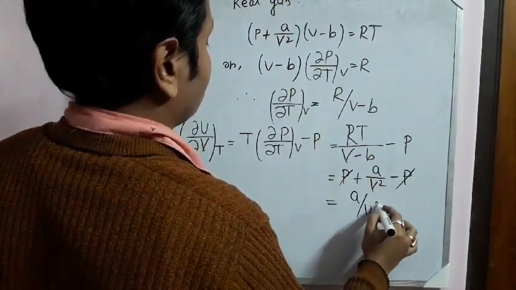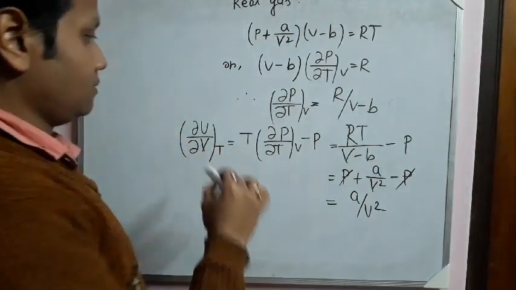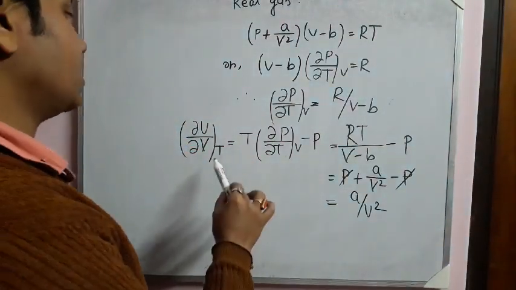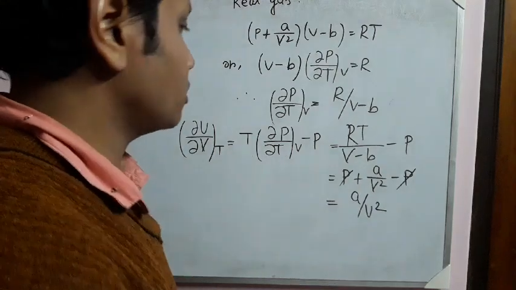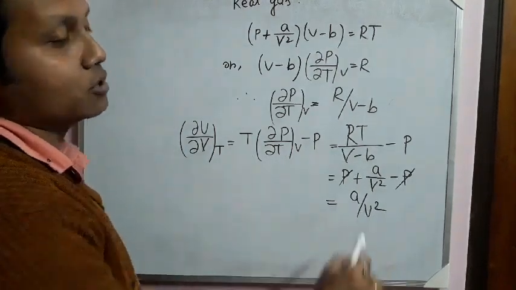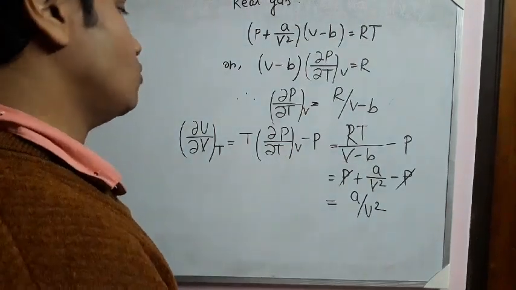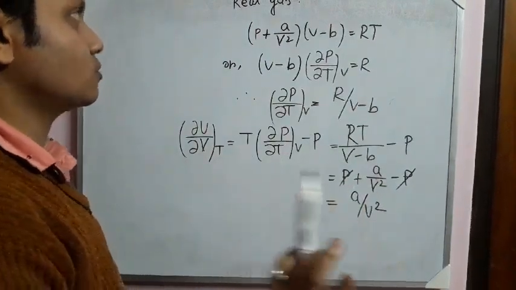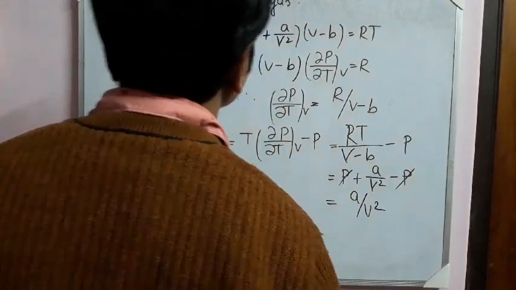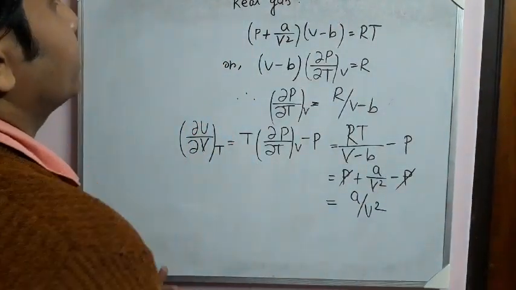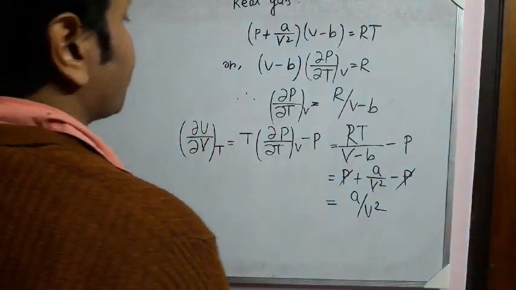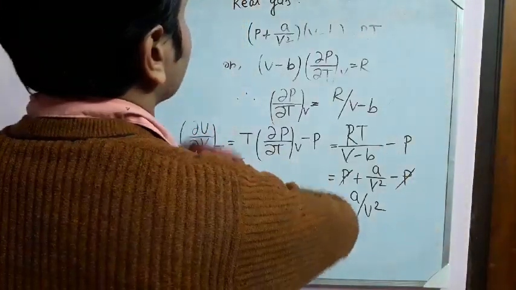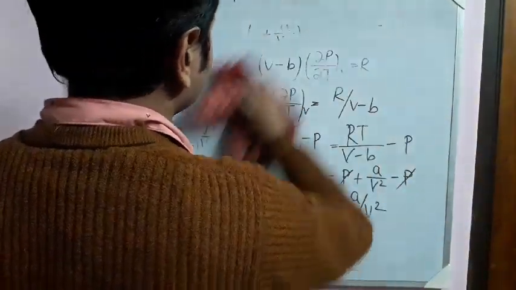So for a real gas, the variation of internal energy with volume is not 0, and its value is A by V square. For a real gas the picture is quite different. We have taken the perfect gas and the real gas, so let us check what happens in the case of solids or liquids.